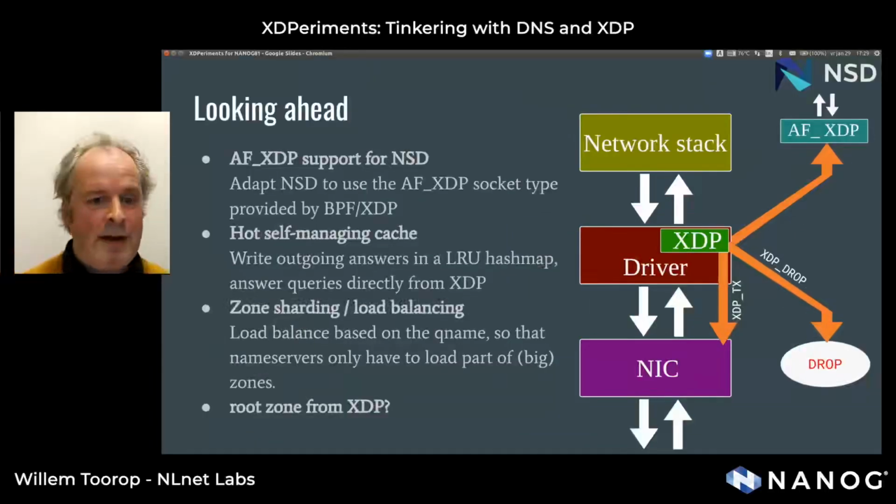And we're also looking into load balancing zones, large zones over multiple name servers, and using XDP to shard or send the queries to the correct servers. We would also like to try in the future to serve the root zone from XDP.